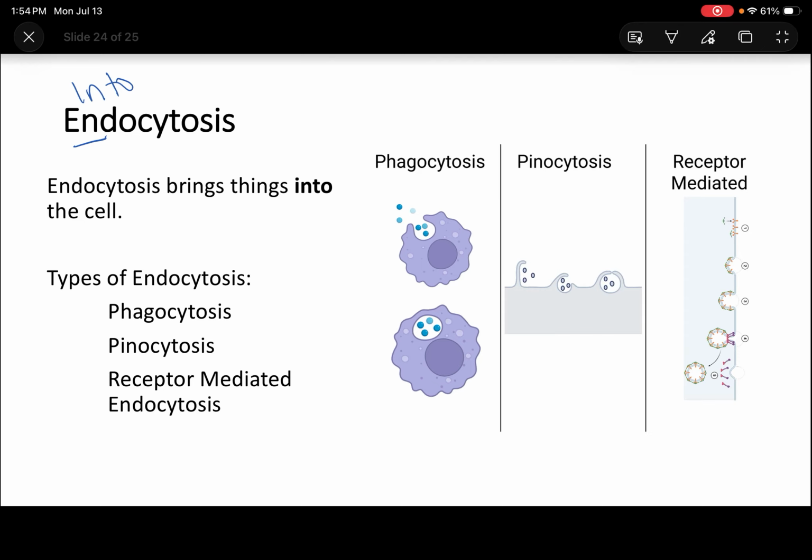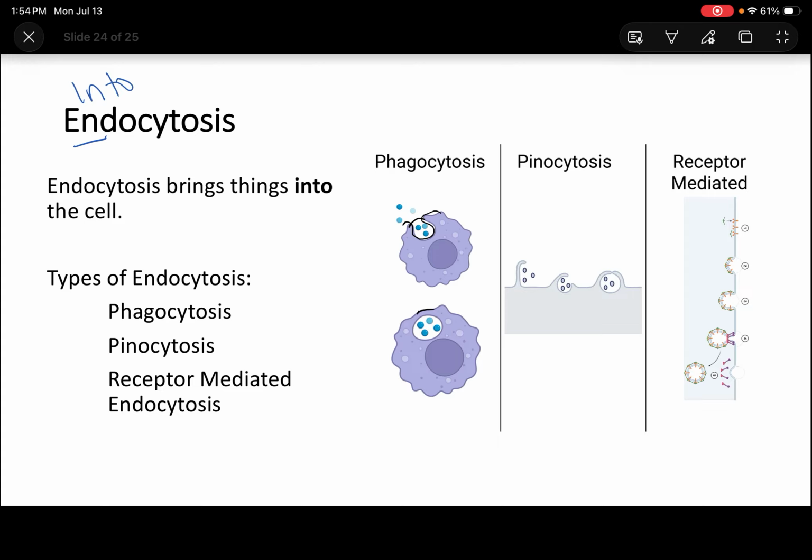Imagine we have a bunch of molecules outside of the cell. What's really cool is the cell can adjust its membrane. It can create a little space in the membrane and close it off, so it brings it into the cell by using its own membrane. It's phagocytosing.